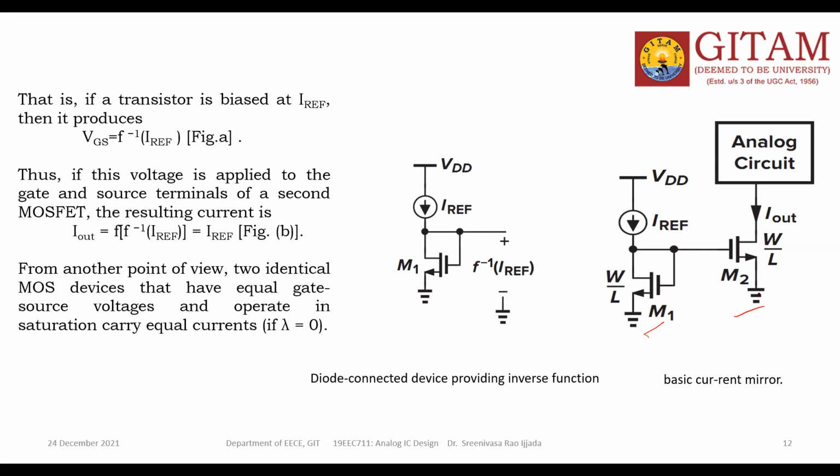Whenever two transistors are identical and have the same VGS, definitely their drain currents are also the same. Understand or not? Two identical transistors having the same gate-to-source voltage, then their drain currents are also the same. That is the logic behind this.